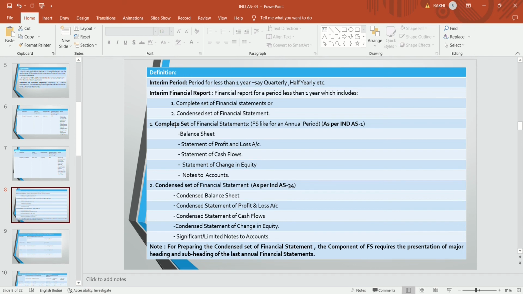If a complete set of financial statements is to be prepared, like we prepare an annual financial statement, there is an option to prepare it in the interim financial report.